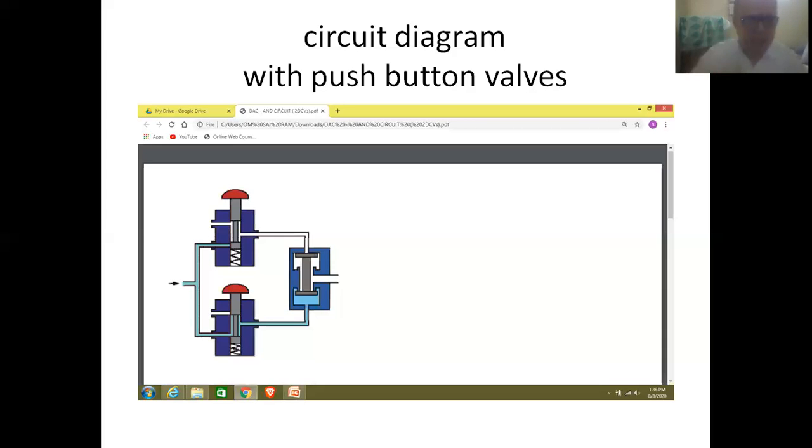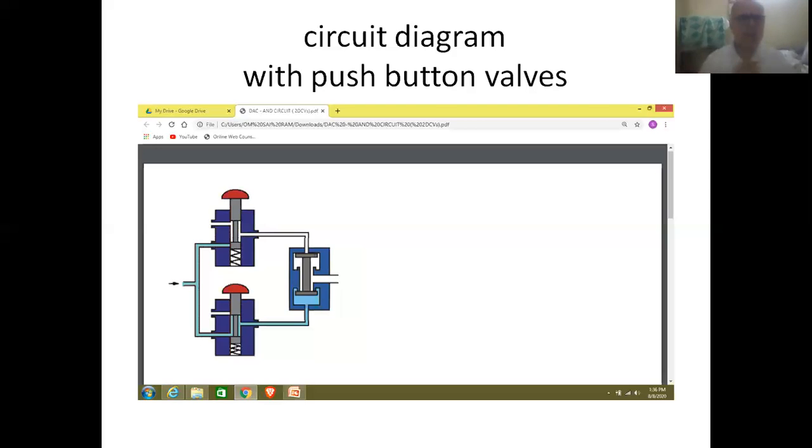And finally, in the second phase of operation, the second valve is brought to first position, and the first valve is brought to second position. Therefore, fluid will enter from the right hand side of the piston and leave from the left hand side of the cylinder. So the piston begins to move in the reverse direction.